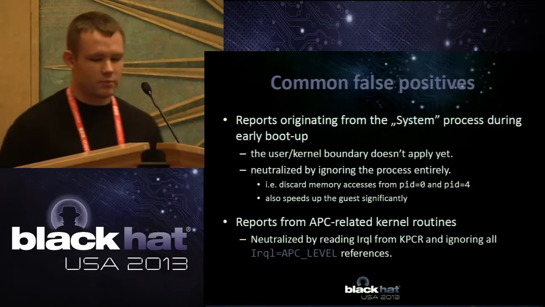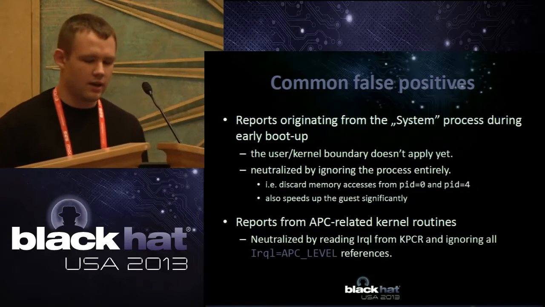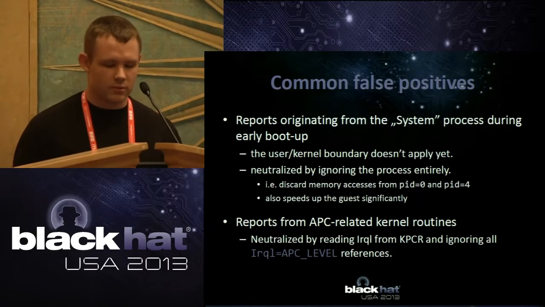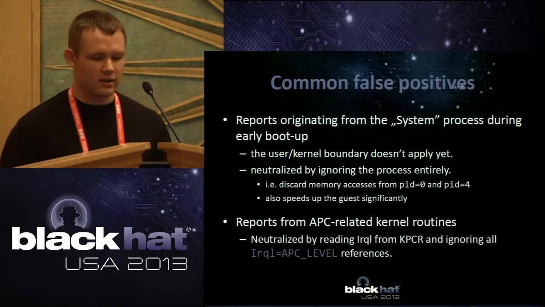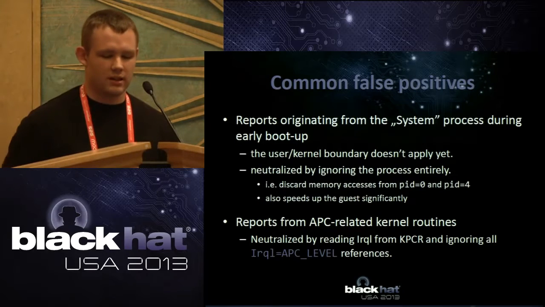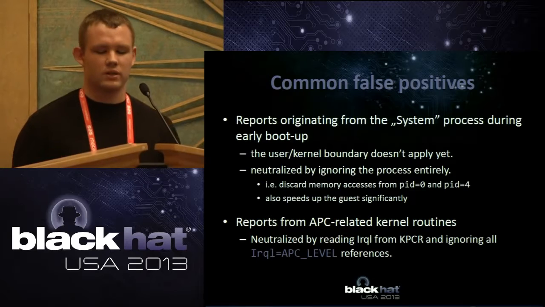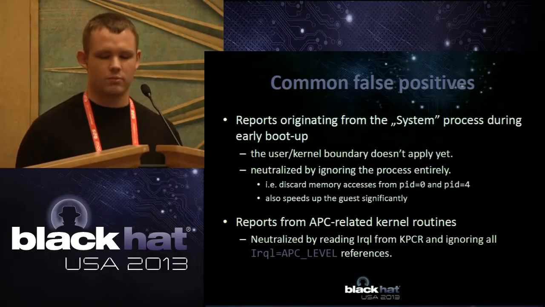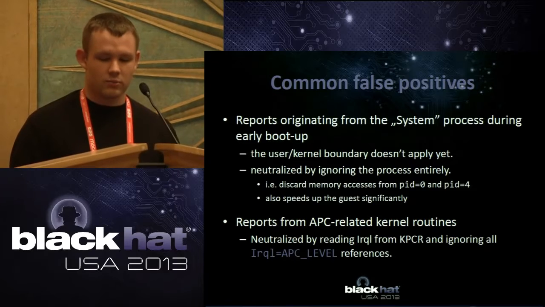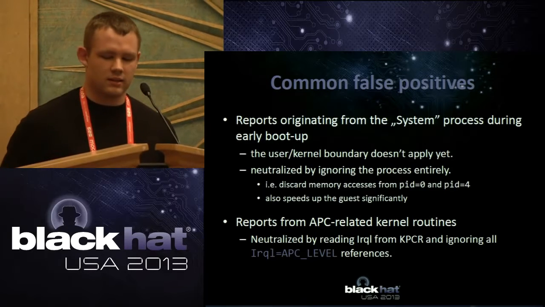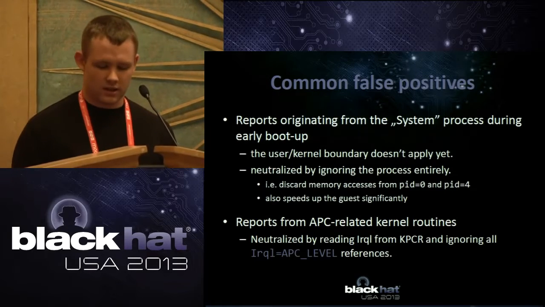When it comes to the false positives that we encountered when we were running Windows on Bochspwn, there are quite a few of them. The first one is reports originating from the system process, which is the most important process in Windows. It is a kernel mode process entirely, and its main activity is when the system boots.